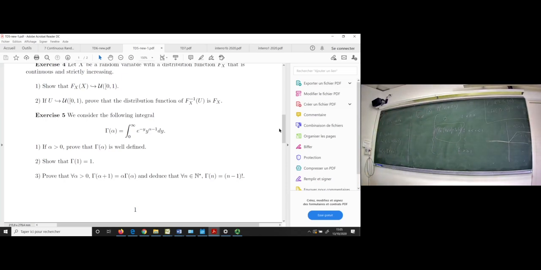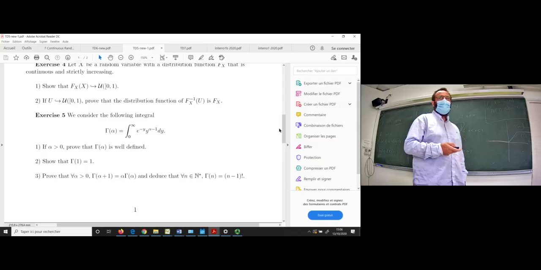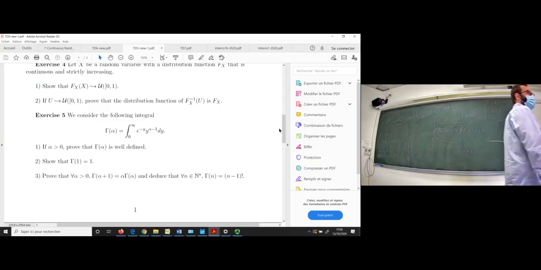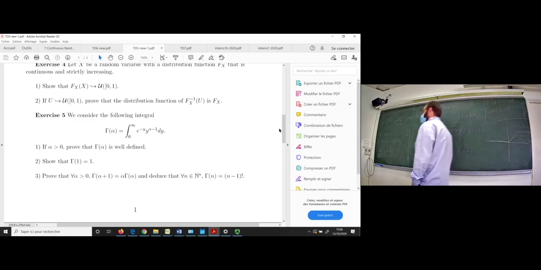Even if the Gaussian distribution fulfills this statement, I don't know F_X^{-1} explicitly, but I have very good approximations of it. If you apply this very good approximation to U, you obtain realizations of a Gaussian distribution. It's one way to generate Gaussian random variables using a computer.